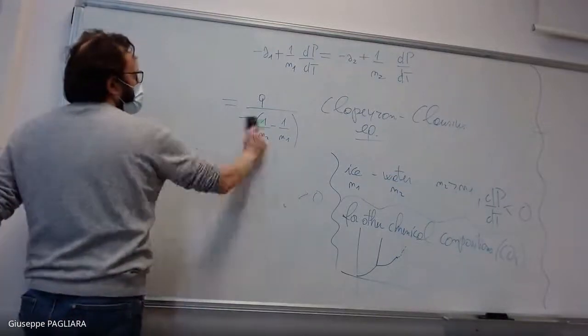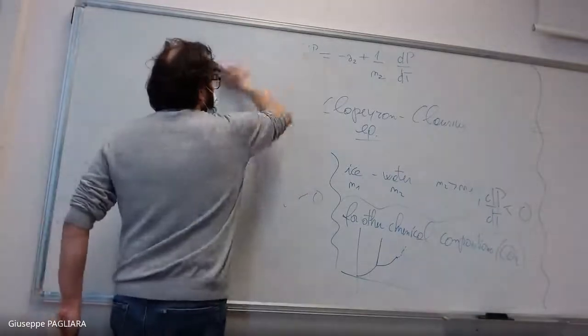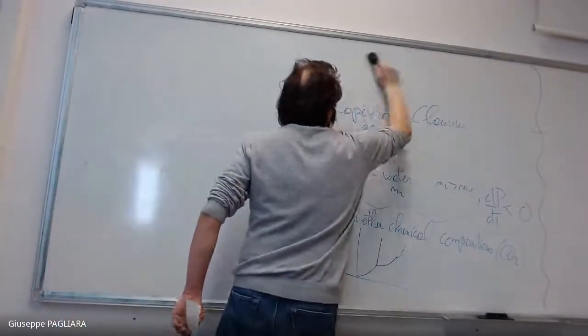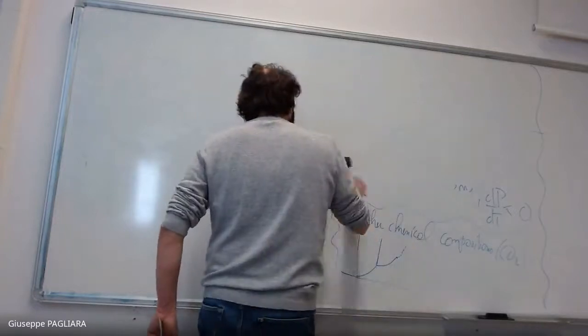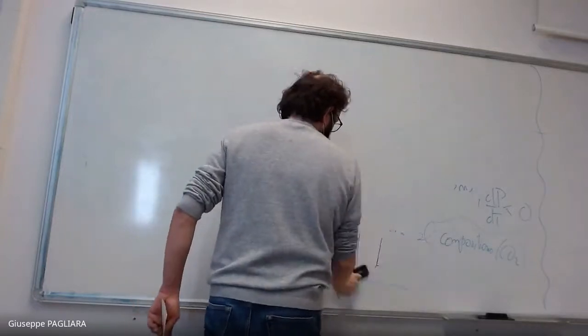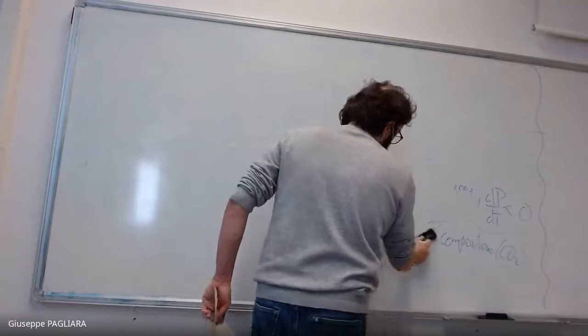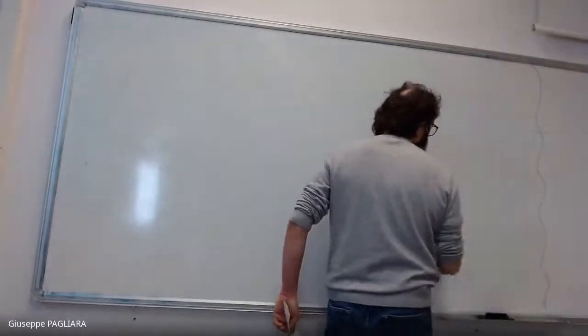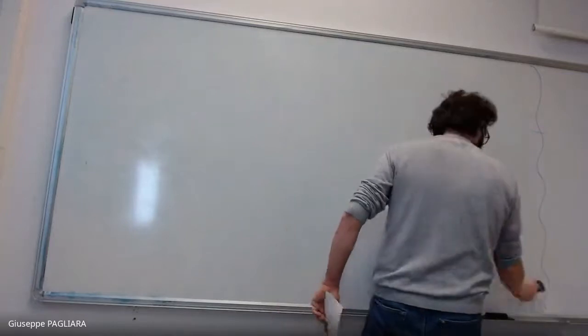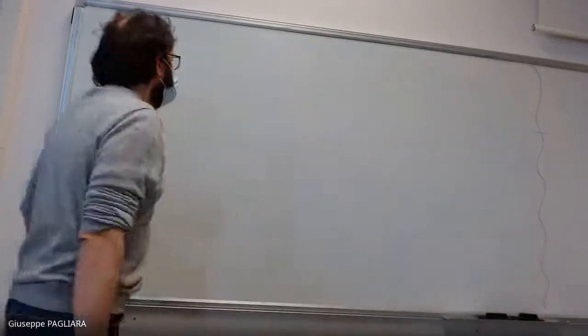Now this is the sign of the slope. We can also determine qualitatively the analytical form of the slope. Well, sorry, not of the slope, but of the first order phase transition line for the liquid gas phase transition. So this is sort of an exercise if you want.